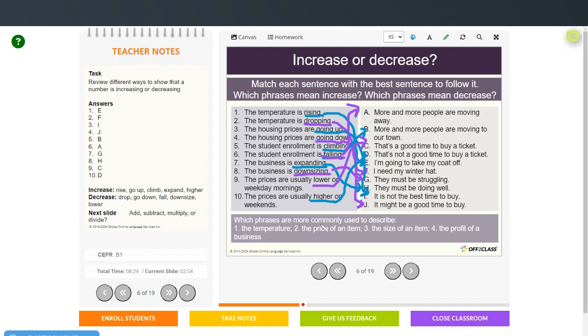So phrases that are commonly used to describe the temperature would be to go up, to rise, the price of an item going up or going down, the size of an item getting larger or smaller, and the profit of a business could be increasing or decreasing.